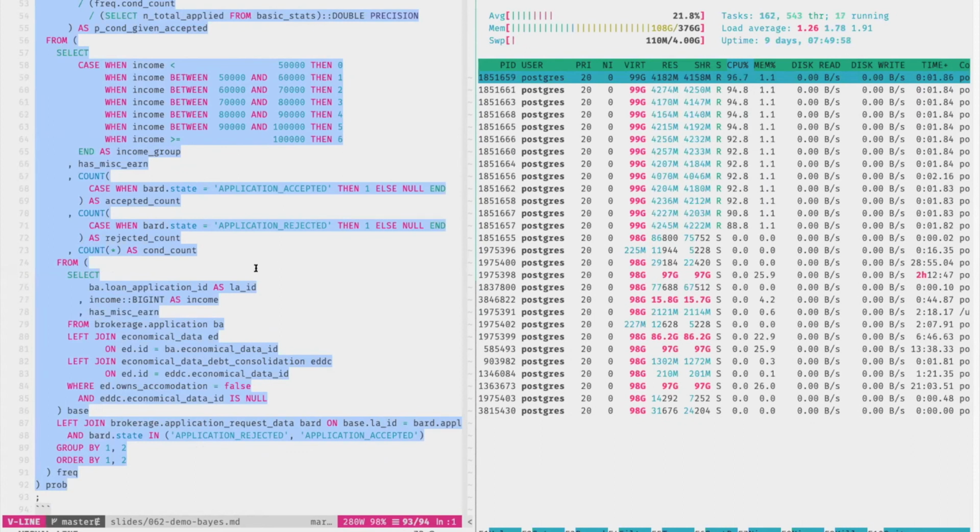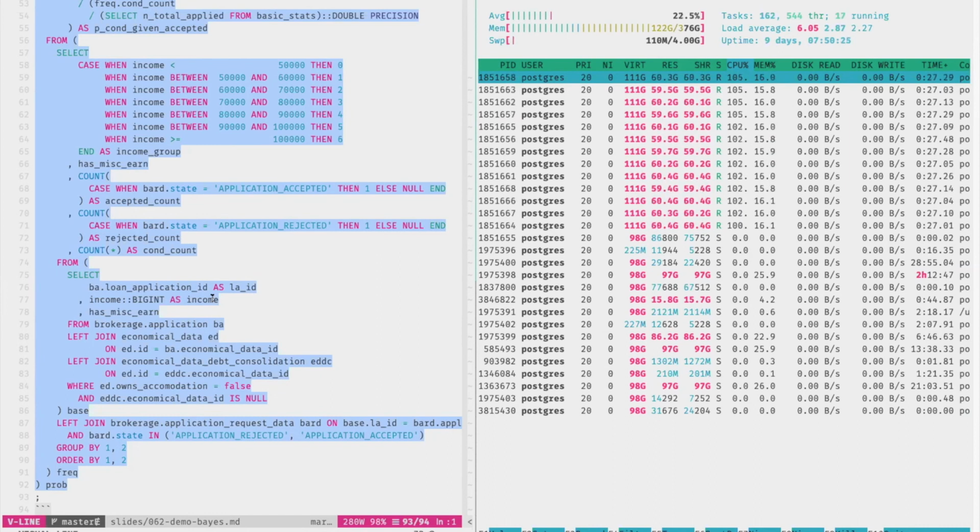So you see the query running now. And what this does is relatively straightforward. The main meat in the query is down here, where we just query the income from this loan application table. We have to join together the economical data because the income is there. And we, for instance, don't want debt consolidations in here.